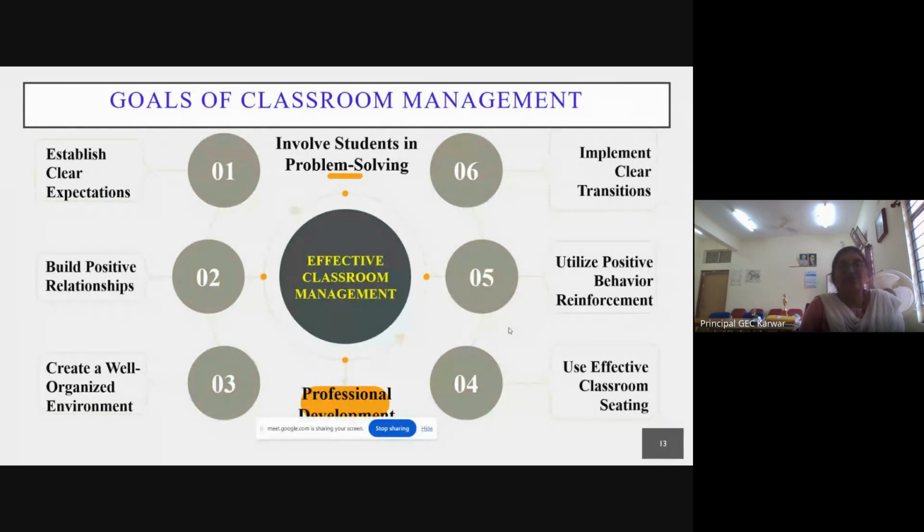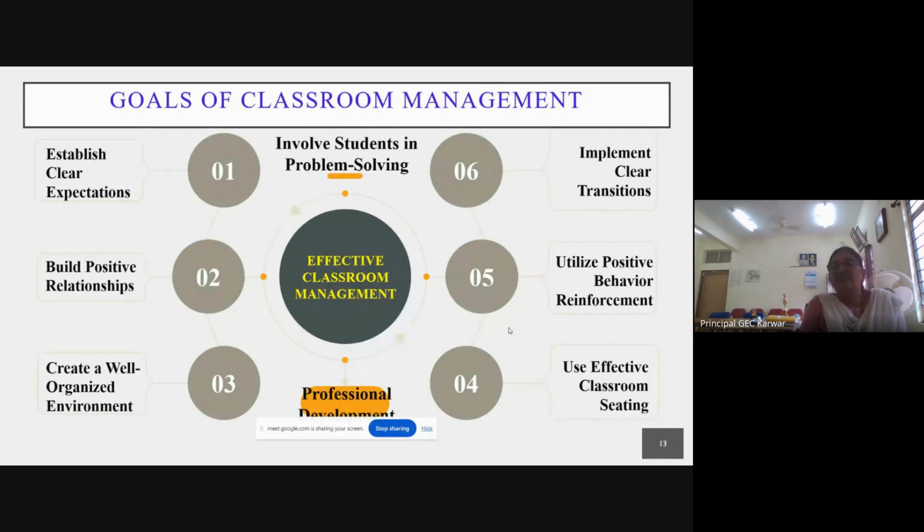Like a round table conference, we can keep the desks and ask the students to make their own groups, and they can study together, discuss, and exchange views. Flexible seating options should be given to accommodate different learning styles.